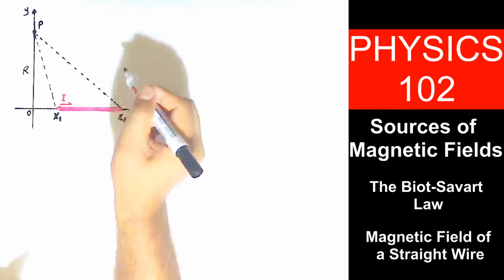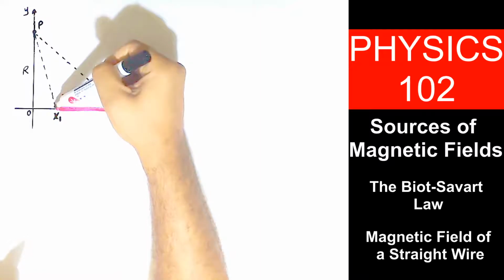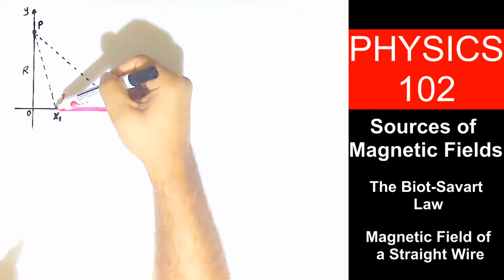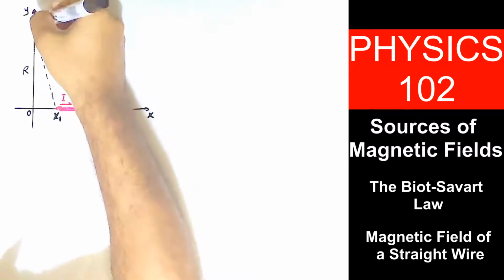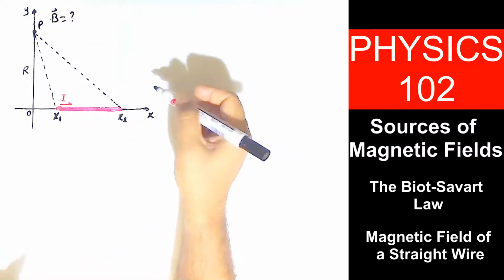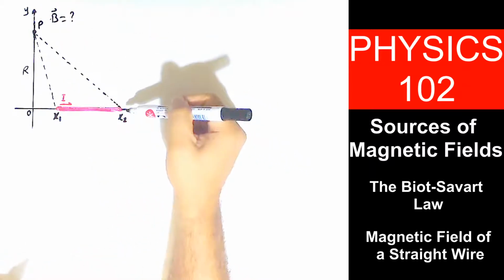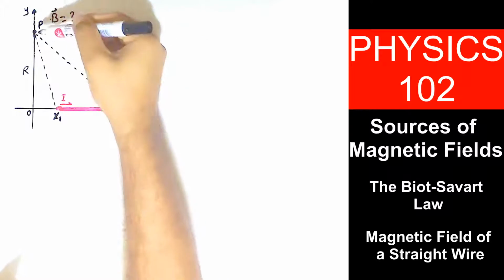And we may also draw these dashed lines starting from the starting point of the wire to the point P in question. We want the magnetic field at point P, both direction and magnitude. And this dashed line is the straight line extending from the end point of the wire to the point P.